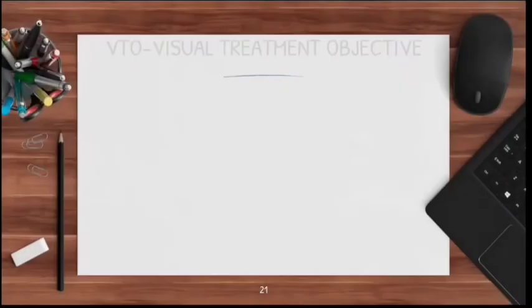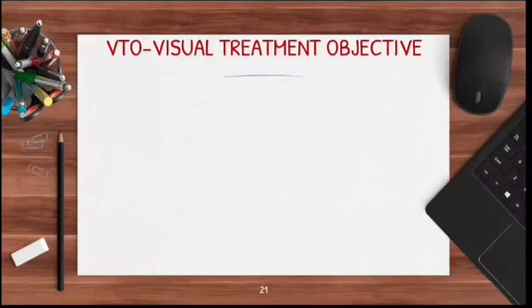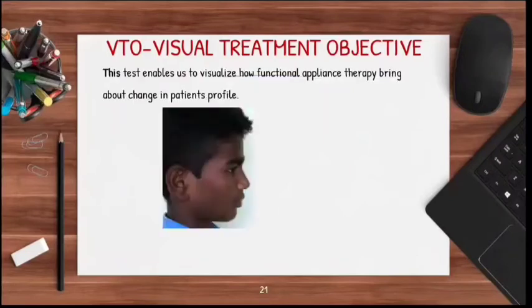Before discussing working or construction bite, we need to know about VTO, which means visual treatment objective. This test enables us to visualize how functional appliance therapy brings about change in the patient's profile.